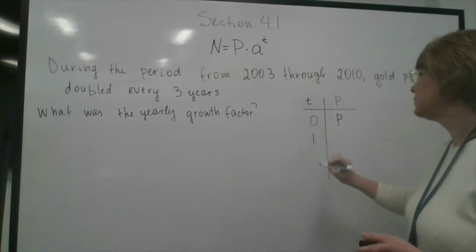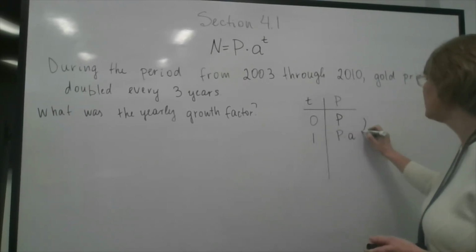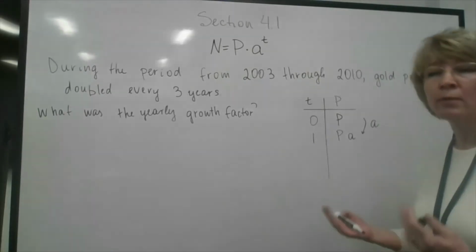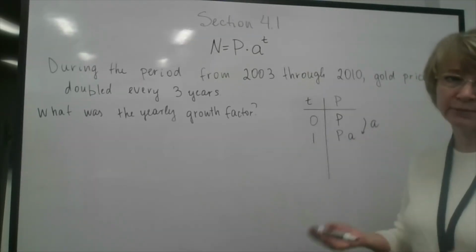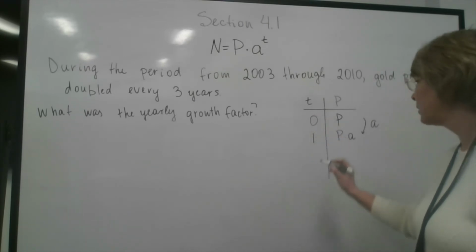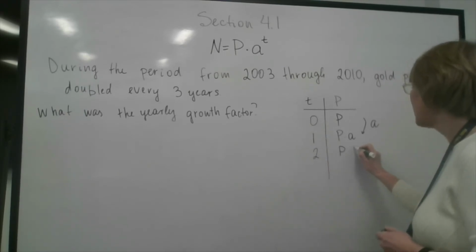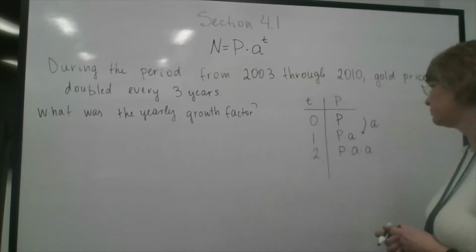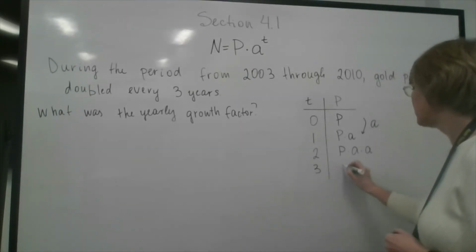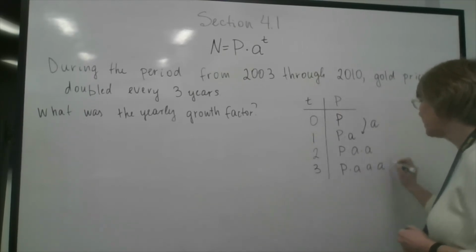What happened next year? Next year, the price went up, so you multiply by some kind of number A that we don't know, but we know the name for this is a factor, a yearly factor, because it happened in 1 year. After 2 years, what happens? It will be P times A, right? After 3 years, it will be P times A 3 times.